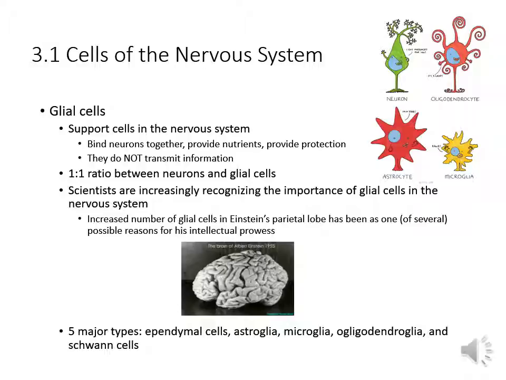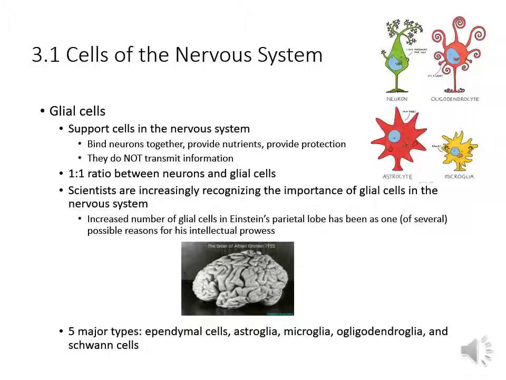One example of this is that Einstein's brain was preserved, and there's been quite a bit of conversation about what is different about his brain that might have allowed for him to have such a higher level of intellect than the average person.